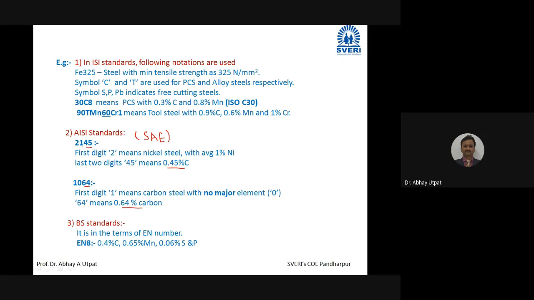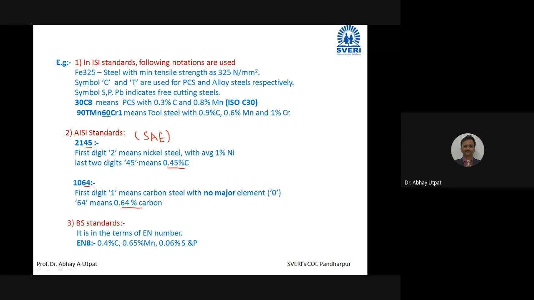What about the first two digits? The first is the type of steel and the second is the percentage of alloying element. For 2145, there is actually a list given in the book. 1 means plain carbon steel, 2 means nickel steel, 3 means molybdenum steel, 4 means vanadium steel, etc. 5 means chromium, 6 means chromium vanadium.